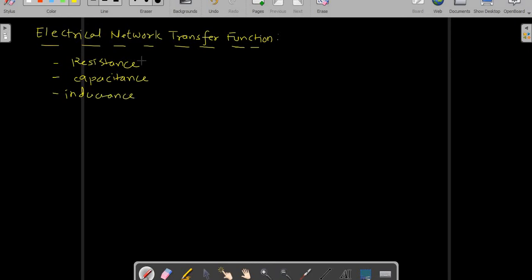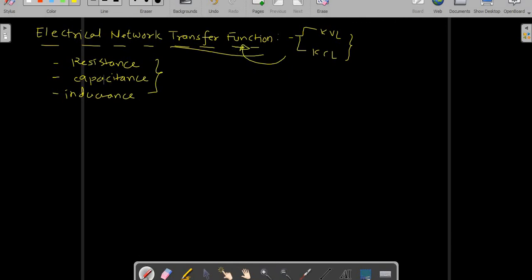Resistance, capacitance and inductance. And in order to get the transfer function out of all these three passive elements, our guiding principle is Kirchhoff's laws. So we will be using either KVL or KCL for writing the equations, and from those equations we will get the transfer function.